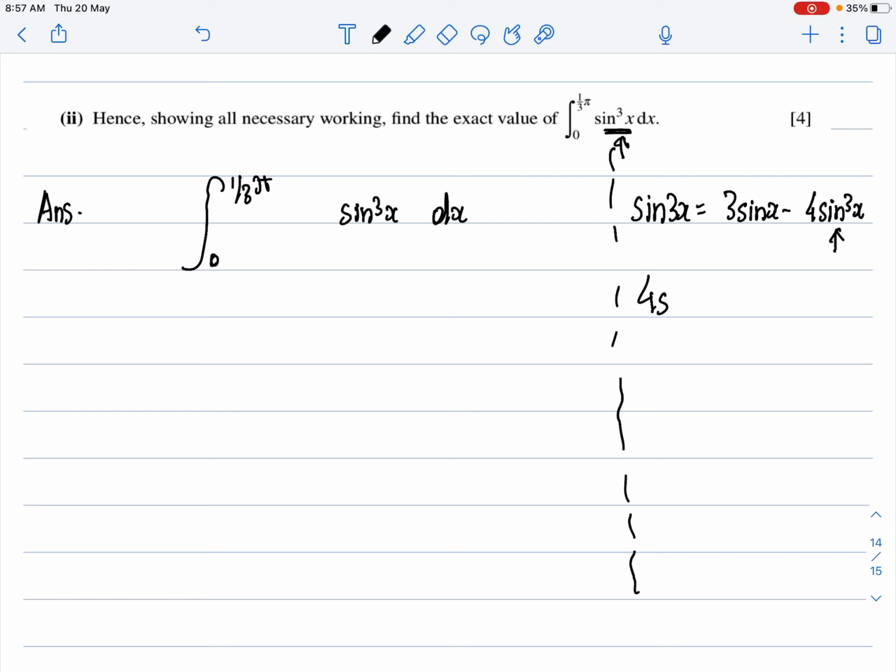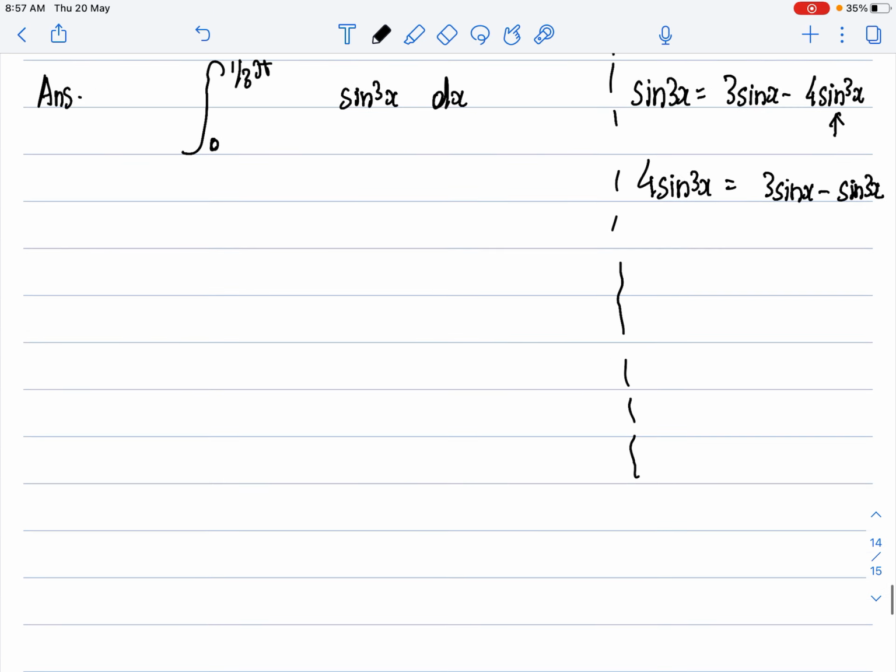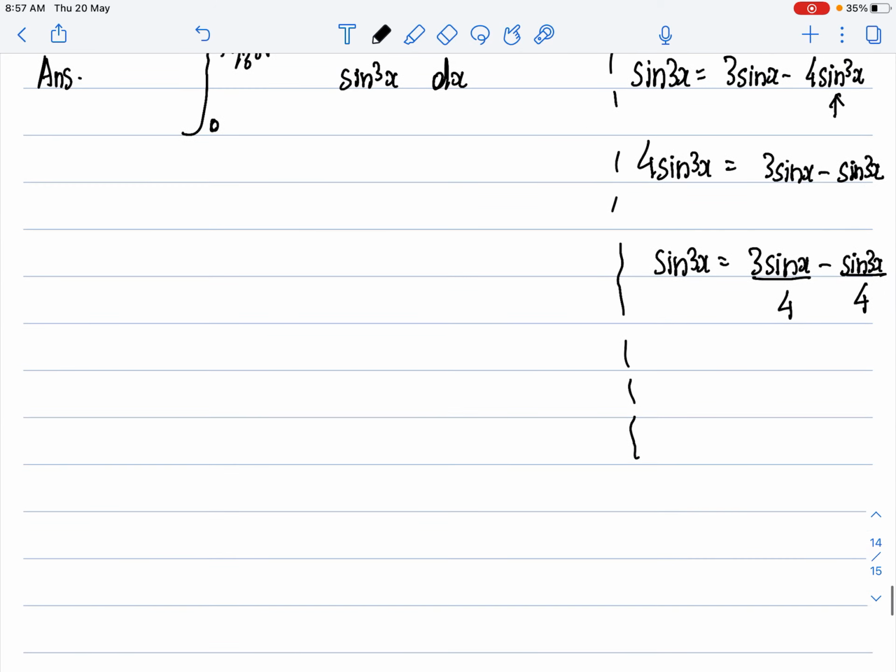So I can write this as 4 sine cube x equals 3 sine x minus sine 3x. Okay, so now I can write this as sine cube x equals 3 sine x over 4 minus sine 3x over 4. Correct? This is what I know. This is sine cube x, not sine 3x. Just don't get mistaken.